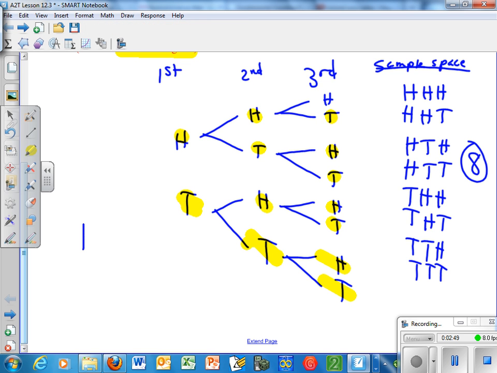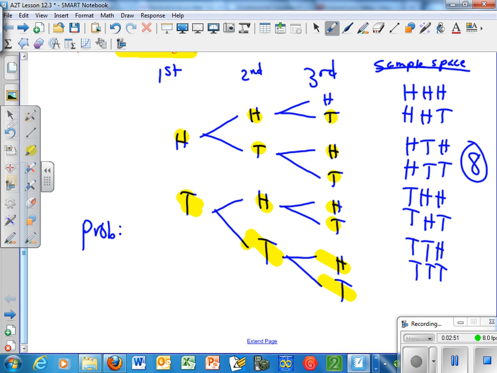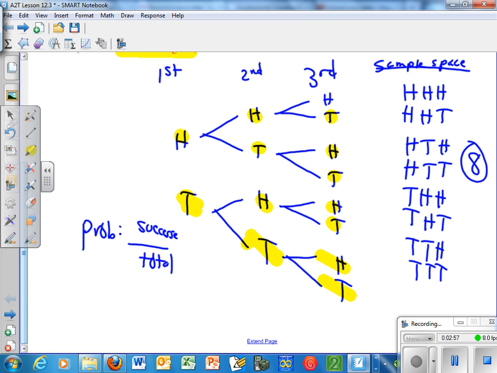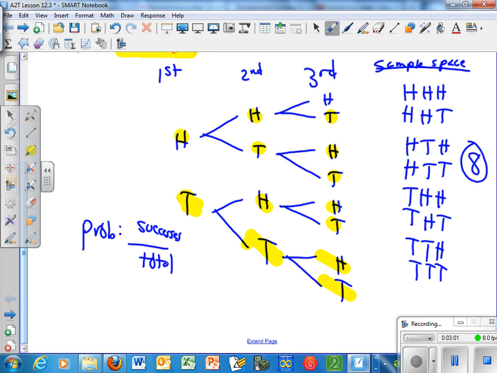So when we're doing probability, it's going to be out of the total. So it's the successes out of total. Now when I'm talking about successes, we are talking about all 3 coming up heads. So the total is out of 8. And if I look over here, how many of these 8 have all 3 heads? Well, it's just that one right there. So there is 1 of them out of 8. If I said, what's the probability that I get 2 tails?